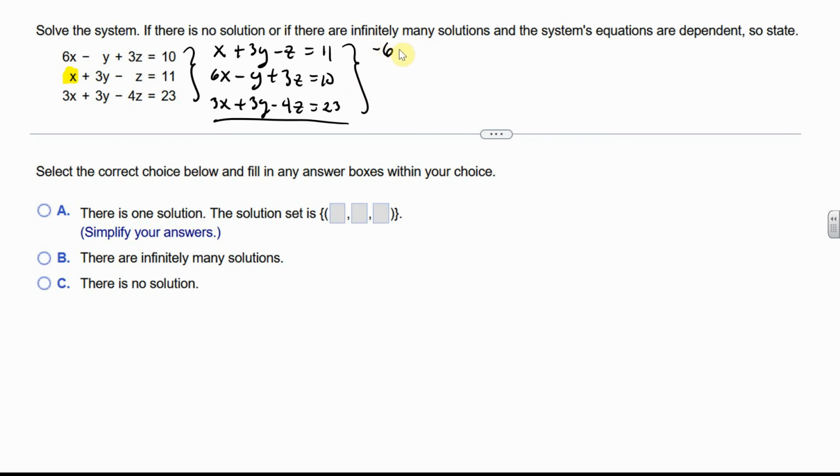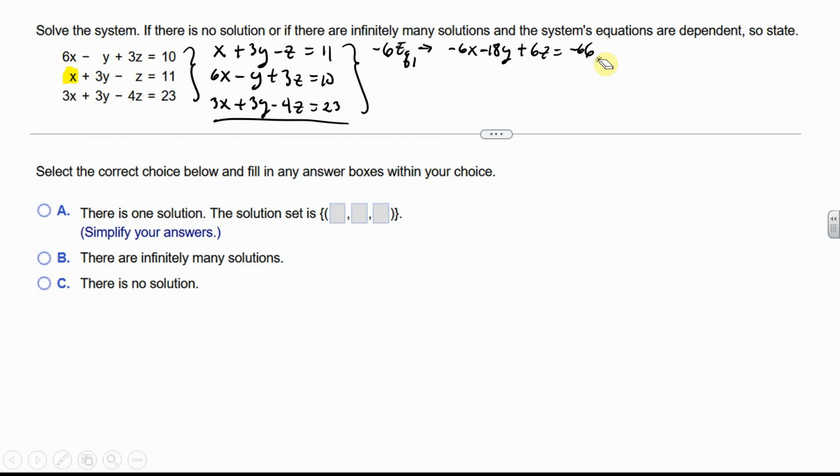So negative 6 times equation 1 gives me negative 6x. Negative 6 times that 3 is negative 18y, and then this is plus 6z, and that's equal to negative 66.